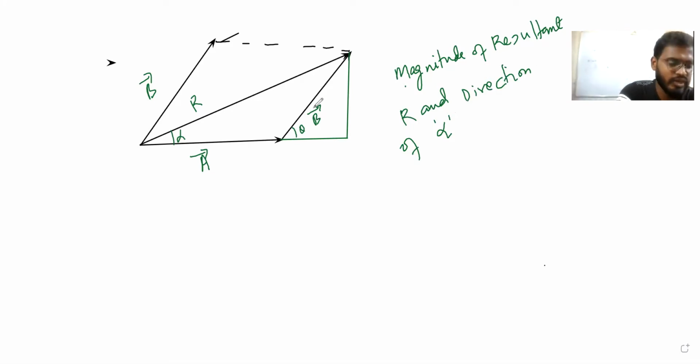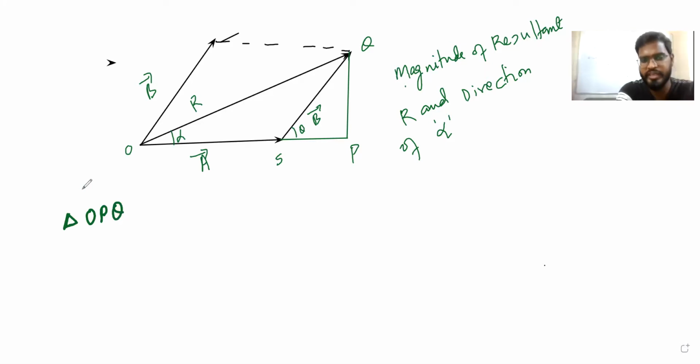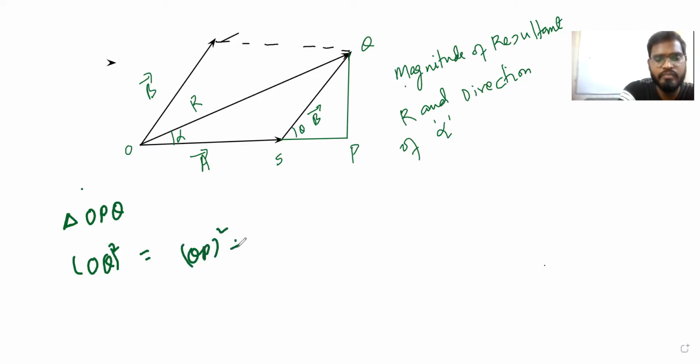Now let's see what we can say here. Let's take O, P, Q, and then let's take S. So if you see triangle OPQ, then we can say OQ whole square is equal to OP whole square plus PQ whole square.